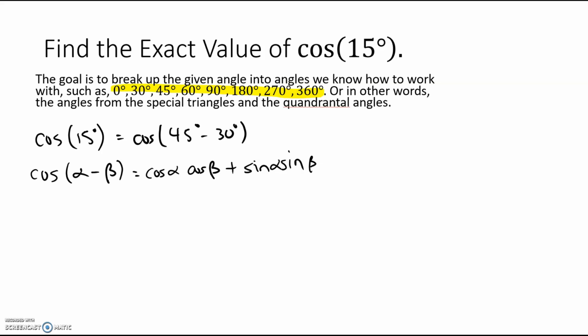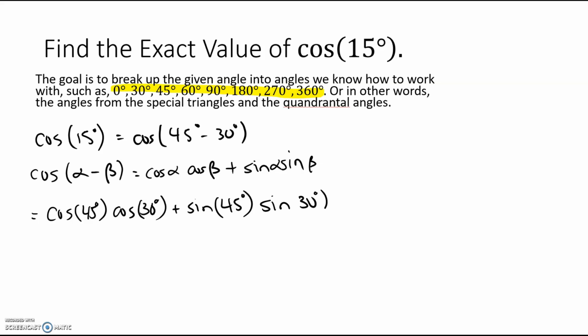So this will boil down to cosine of 15 is equal to cosine of 45 times cosine of 30 plus sine of 45 times sine of 30.